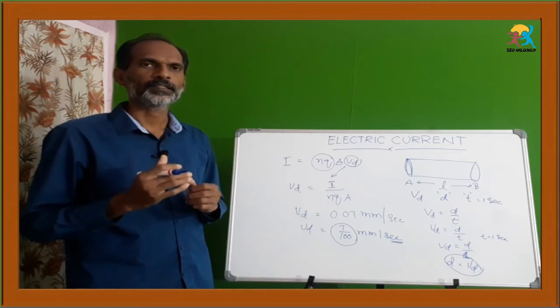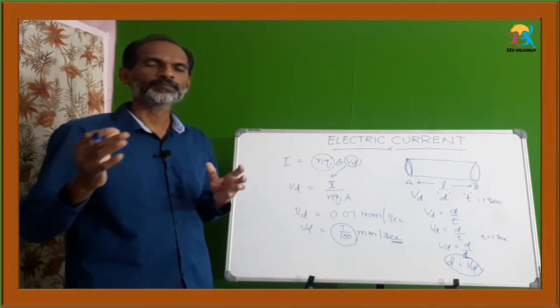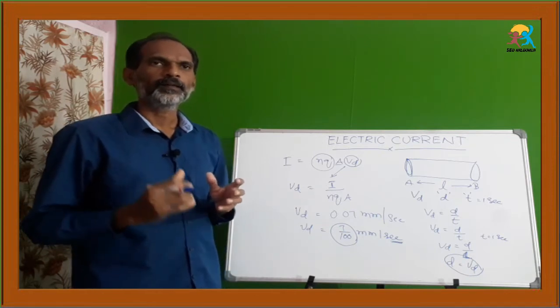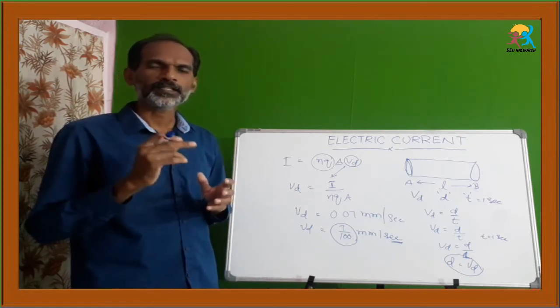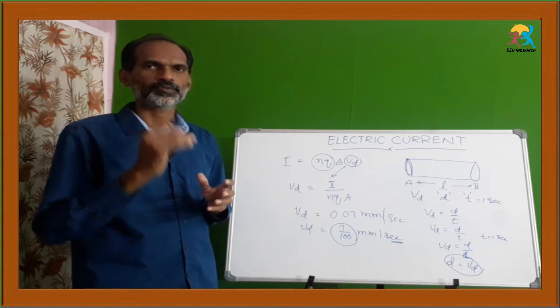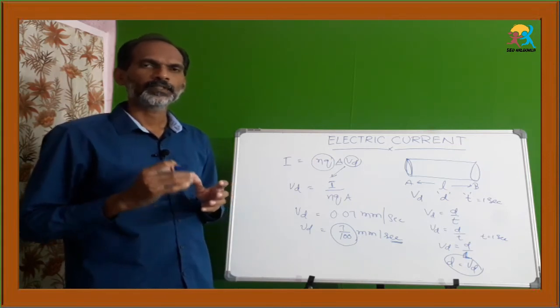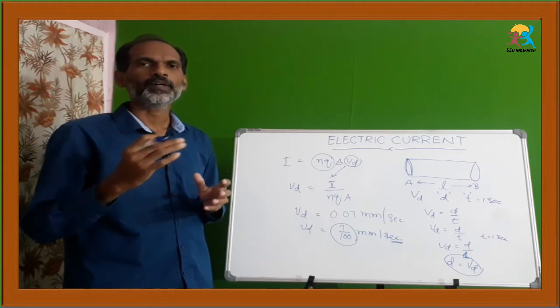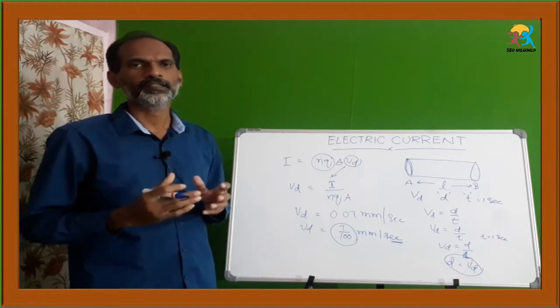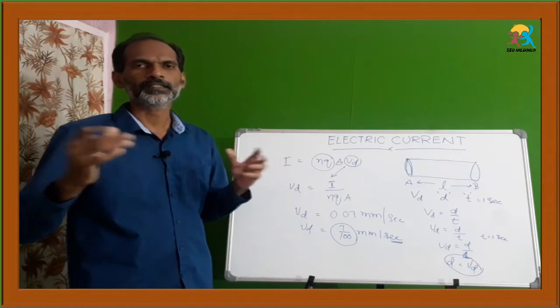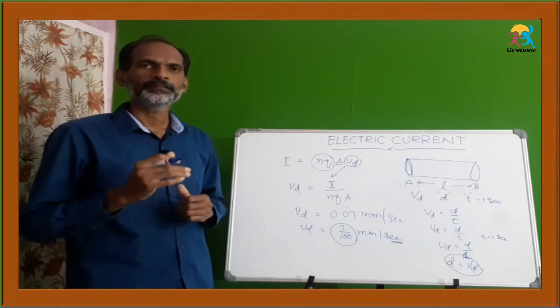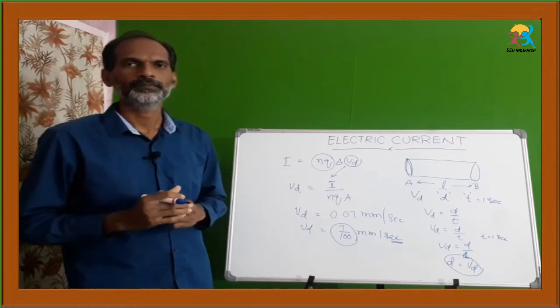That's the reason why, however long the distance between the switch and the electric bulb, when the switch is on, at that instant the bulb glows. The reason is that the battery provides the potential difference along the length of the conductor, so due to this electric field, the bulb glows.